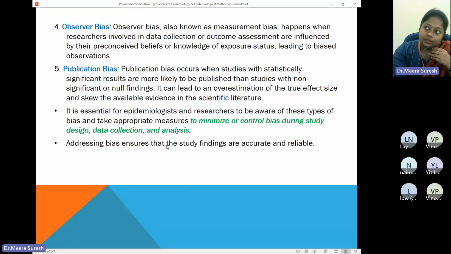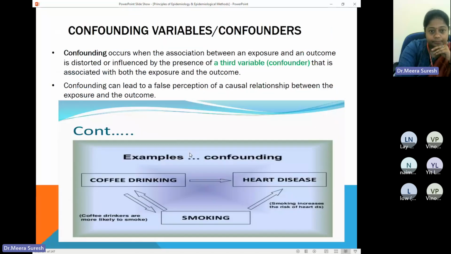So during the defense of the PhD thesis, the people who are sitting over there, the supervisors and the experts, they know that bias will be coming. So the question will be like, do you know what the biases are and what you have done to reduce that bias? So this is the basic idea of knowing about bias. Addressing the bias ensures that the study findings are accurate and reliable.